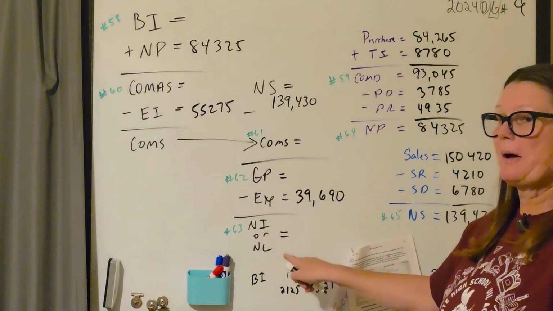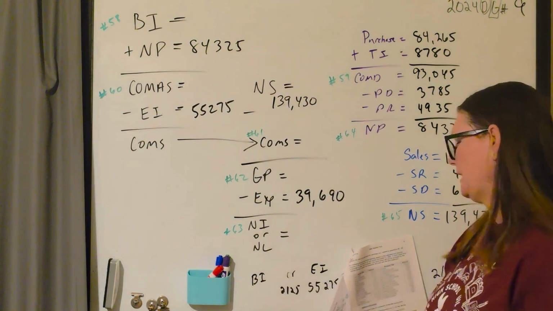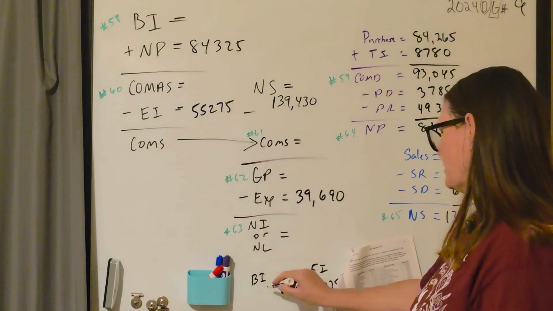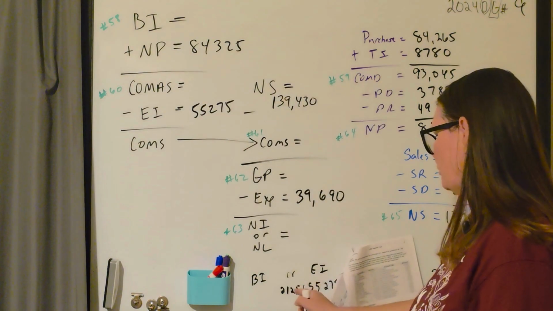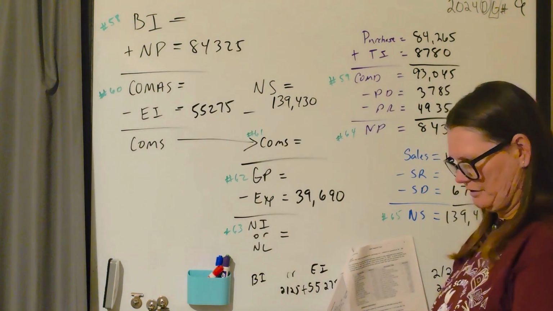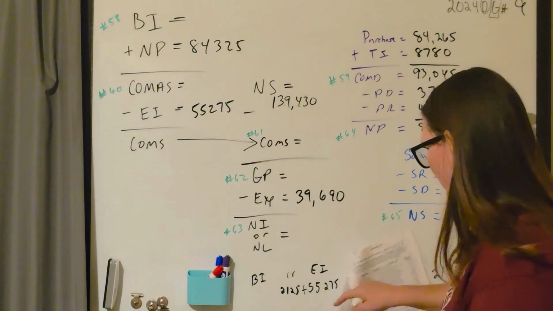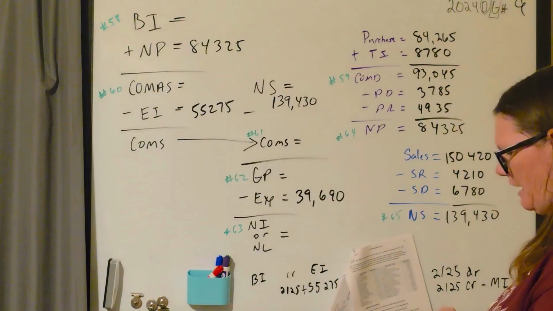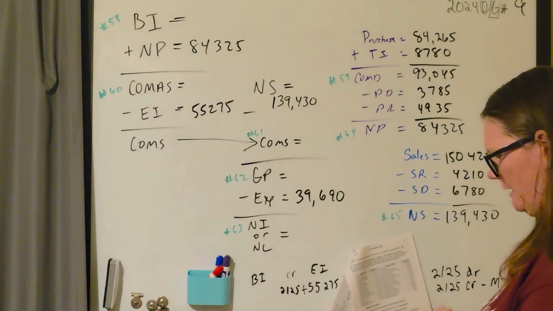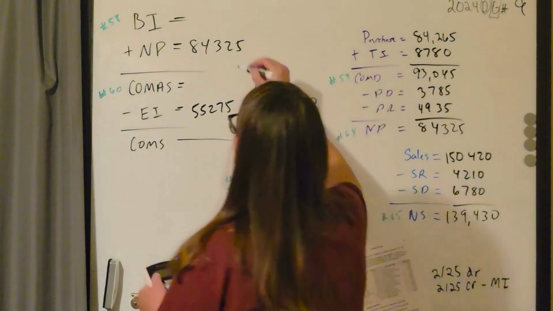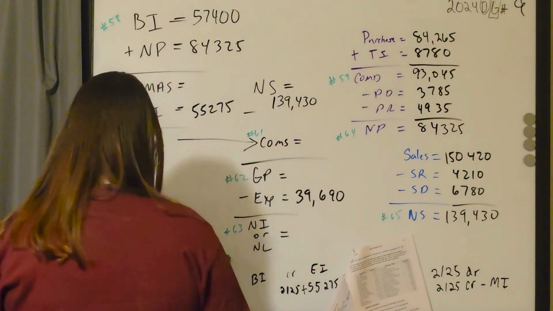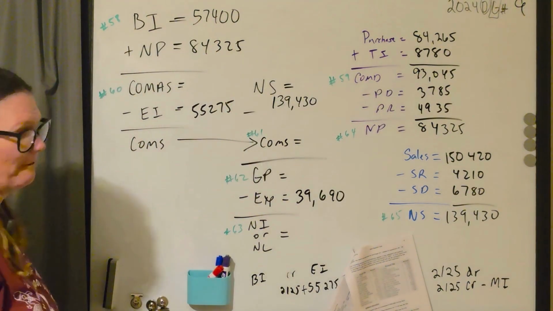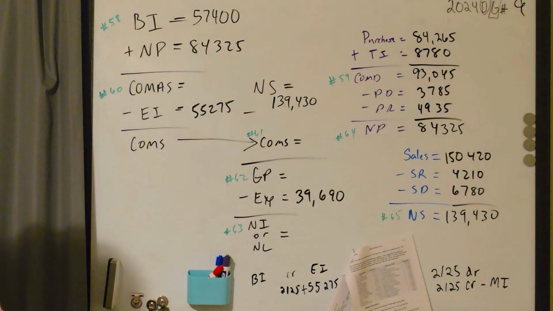So we have to work backwards to get the beginning inventory. If we subtracted that, then we want to add these two together. 55,275 plus 21.25, we get 57,400. That's probably the hardest part of it all.